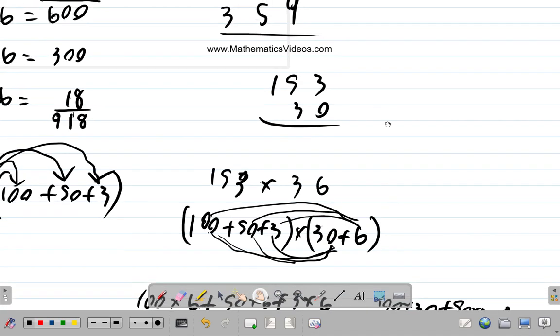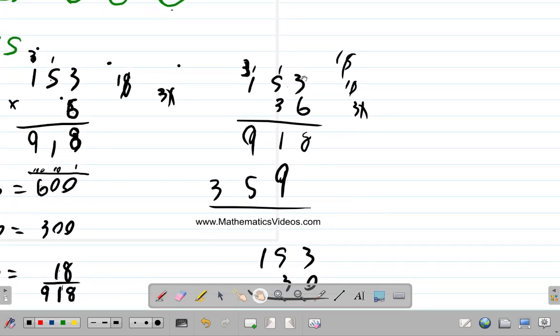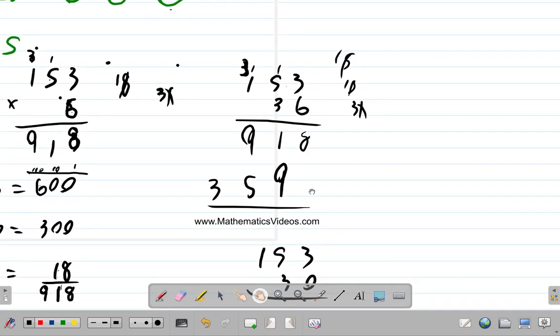But notice, when you say 3 times 3 is 9, you put the 9 under the 1, because the 9 is really 90.